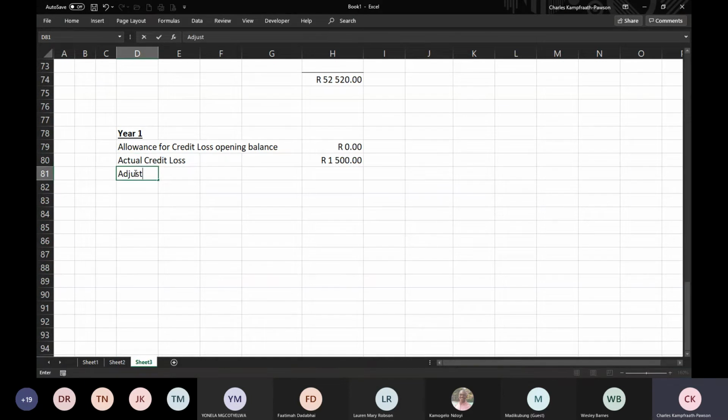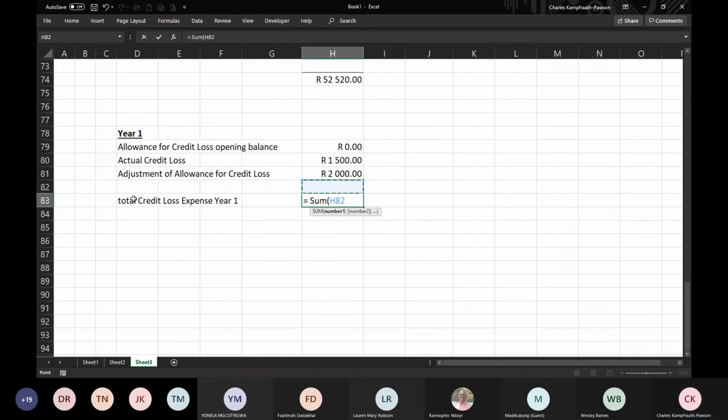So we say adjustment of allowance for credit loss. The company saw we will probably have to make an allowance, and we said we want to make it 2,000. So we want to top it up from 0 to 2,000. So total credit loss expense in year 1 was that value.